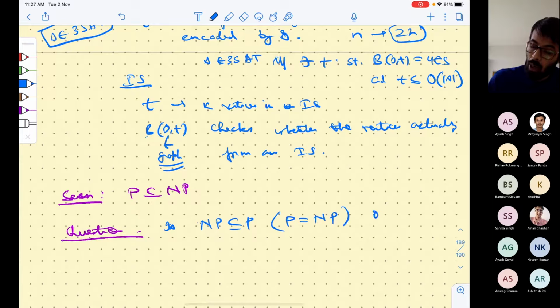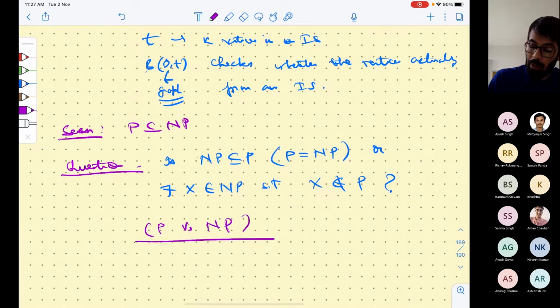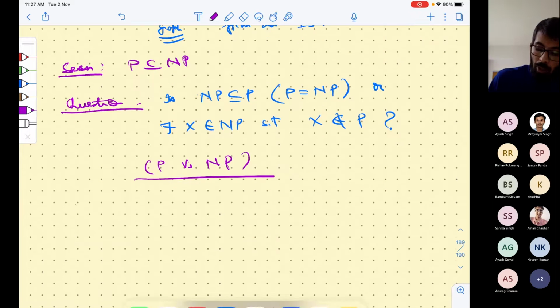Or there exists some X belonging to NP such that X is not in P. And this is what the P versus NP question is. This is the million dollar question, by the Clay Institute and so on. So is the question clear?